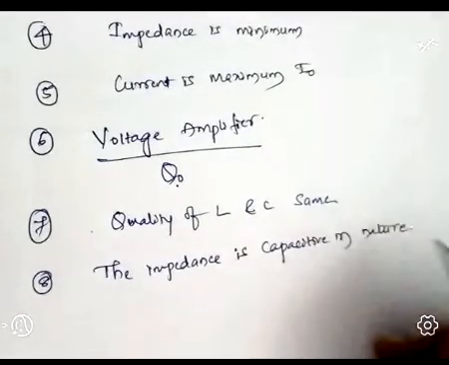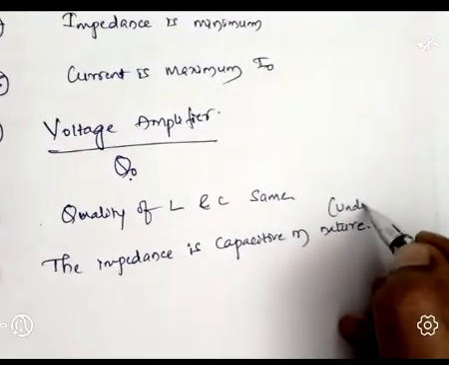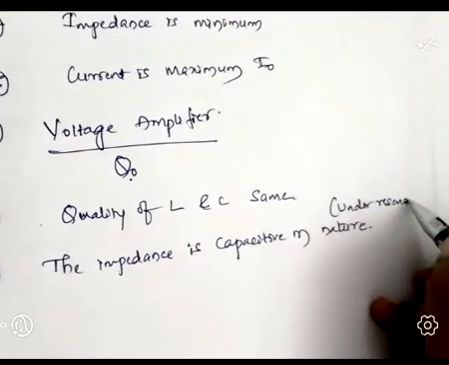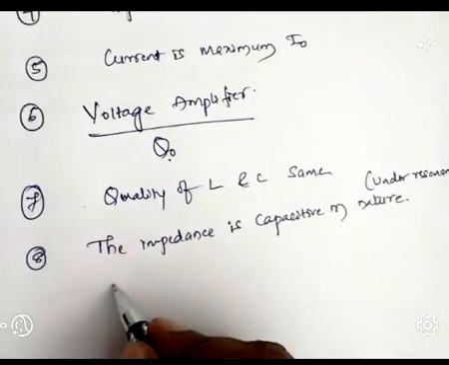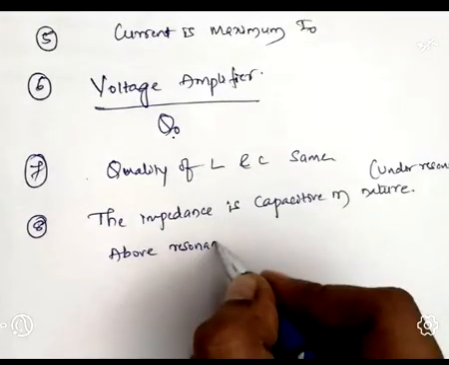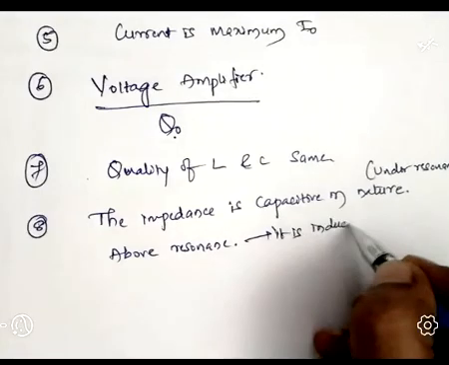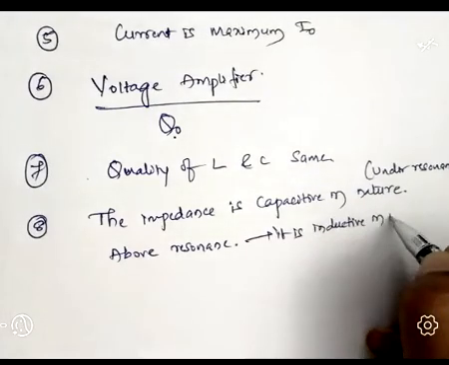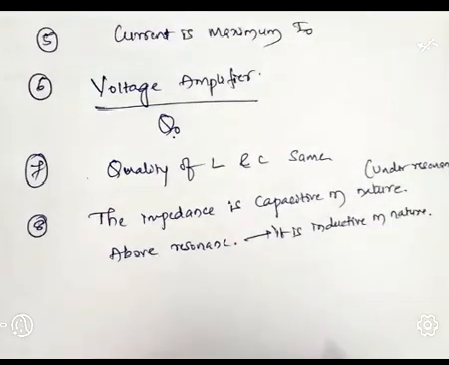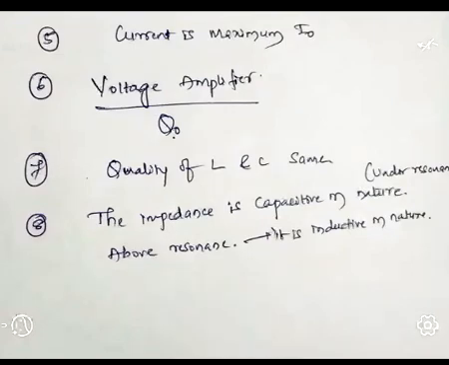While above resonance, it is inductive in nature. In general, the series resonant circuit is used when high power output is required at a particular frequency and impedance requirement is lower.